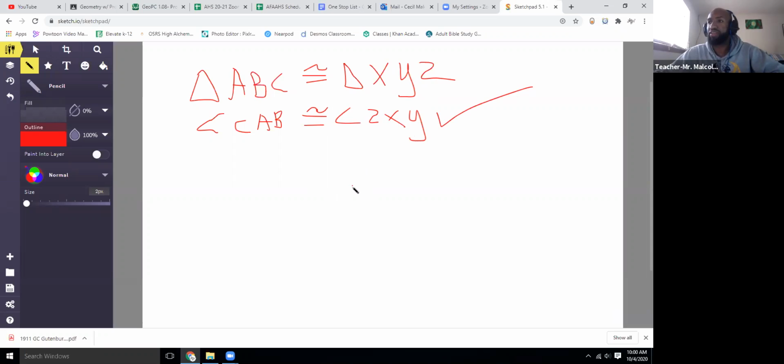Because of the way that they appear in the congruent statements. If you're not sure how we got that, it would be C, after C comes A, after A comes B. That is the right order. It goes from Z to X, and then after X comes Y. That is still the correct order. So this is a perfectly correct statement.